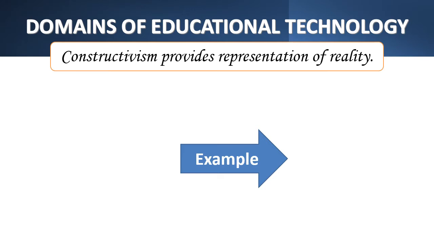So for technology to appear, there is a reason why technology appears in a particular situation. So it came from theories to build or develop tools and gadgets. So the most related theory to technology is constructivism. So this is the closest. Here are some reasons why constructivism facilitates knowledge construction.